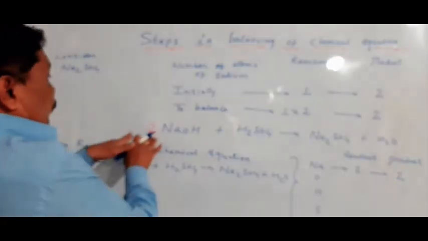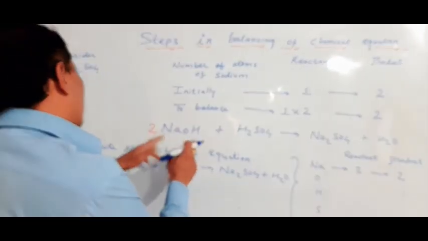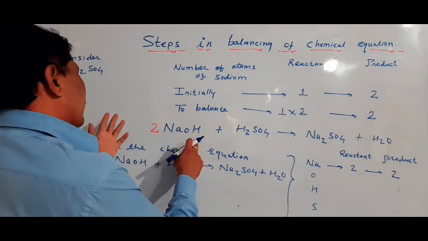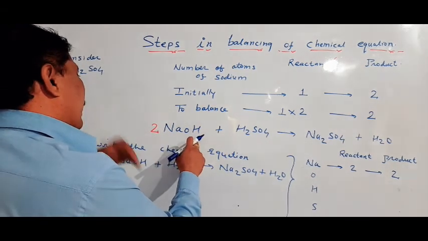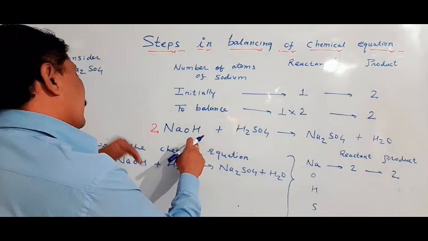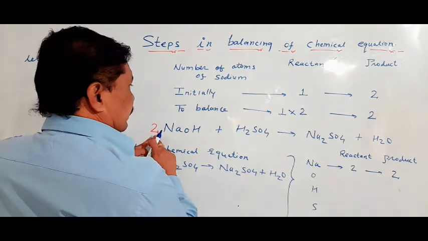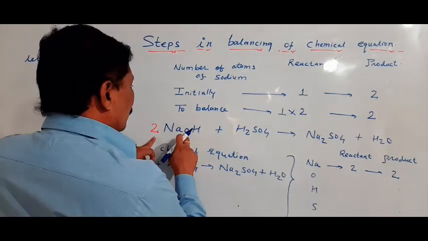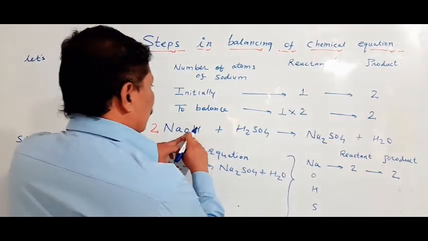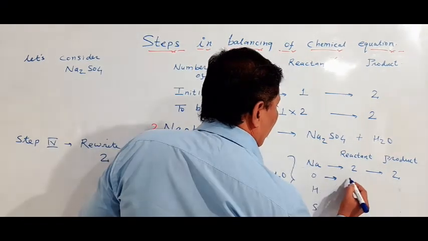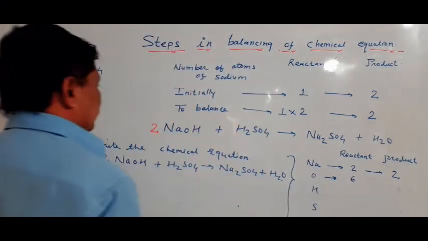Now, when we write 2 in front of sodium hydroxide in a reactant, the number of atoms of other elements in a compound also change. Oxygen becomes 2 plus 4, 6.